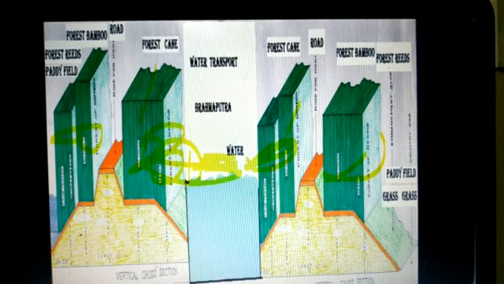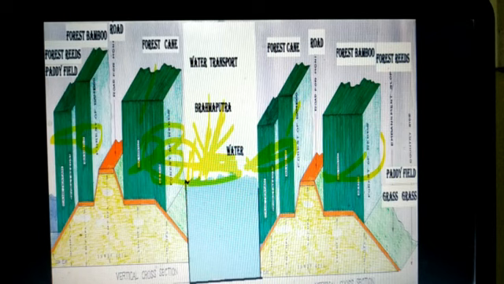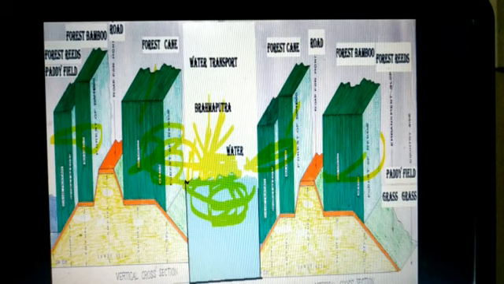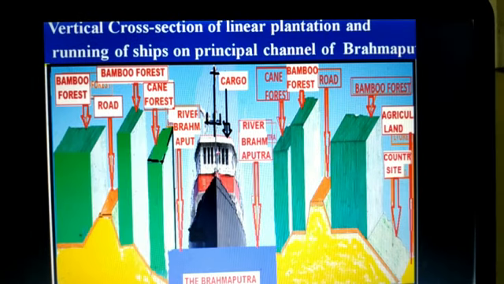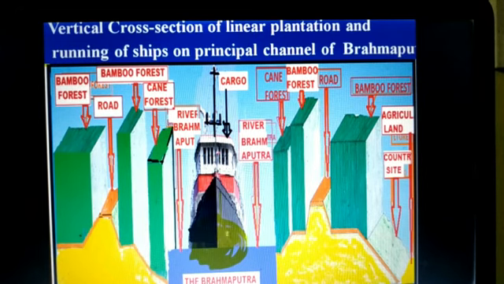So if we can run big ships here on the water part of the Brahmaputra, then it will desilt this part. This part will be desilted, and this is the process as I proposed over the last few years. And if you can continue as the British period did it, then bank line erosion will reduce.